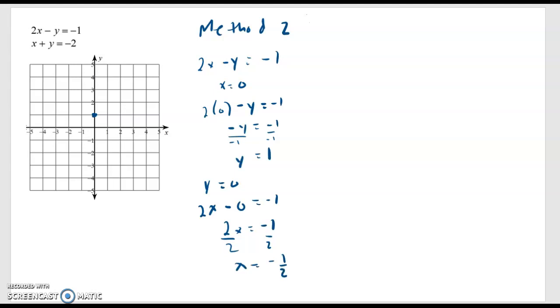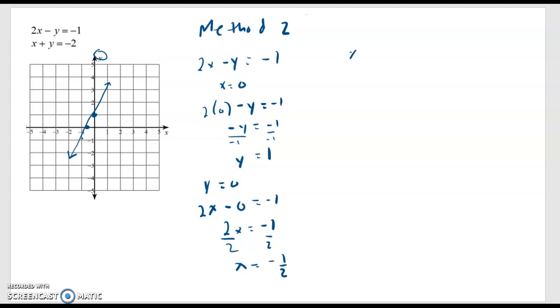So at y equals 0, x is negative 1/2. That is that point right there. And now I can start to build my line just from those 2 points. So this is an alternate method of graphing a line if you don't want to solve for y.